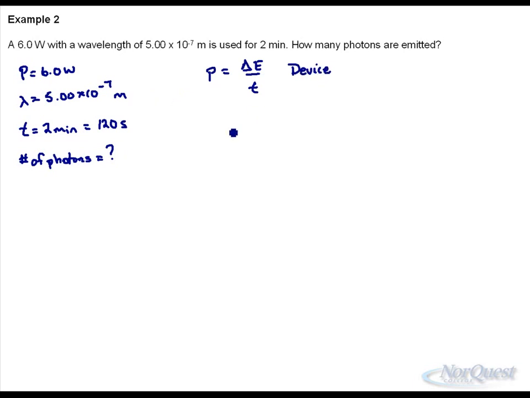So we can manipulate this and say the amount of energy being emitted is going to be the power of the device times the time interval we're measuring from.